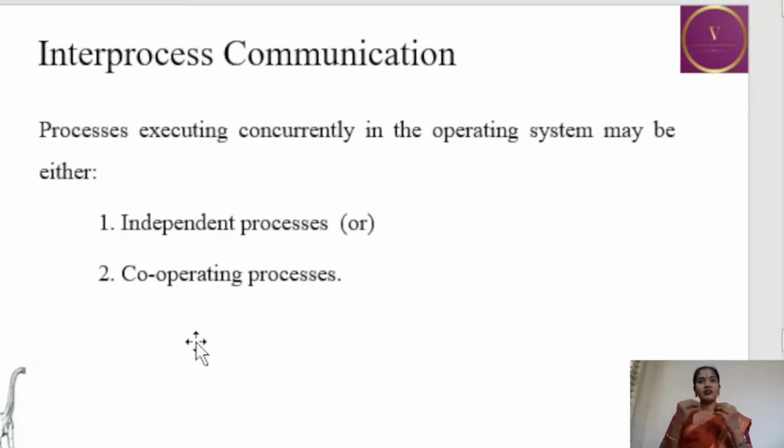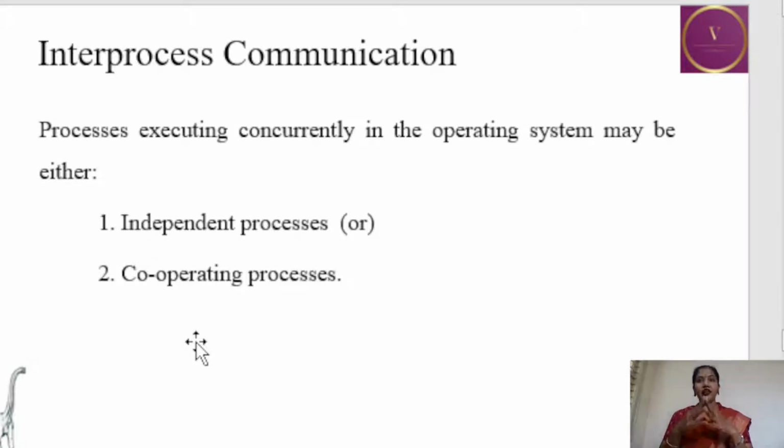There are several processes running in our system, and these processes need to communicate with one another, and the way these processes communicate with one another is known as interprocess communication. There will be many processes running in the operating system, and each process needs to communicate with one another. How these processes are going to communicate is what we call interprocess communication.